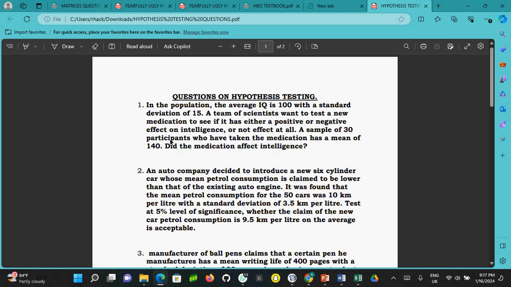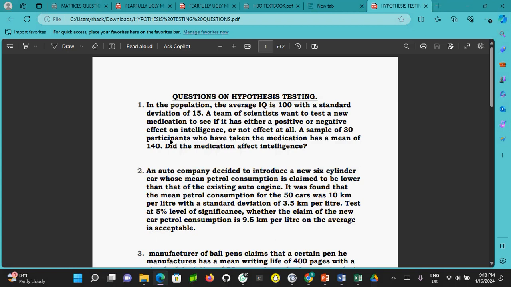In this question 1, in the population, the average IQ is 100 with a standard deviation of 15. A team of scientists want to test a new medication to see if it has either a positive or negative effect on intelligence or no effect at all.